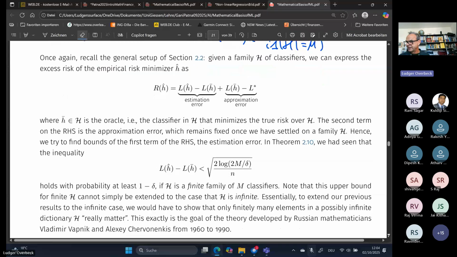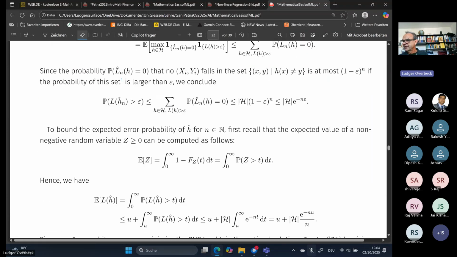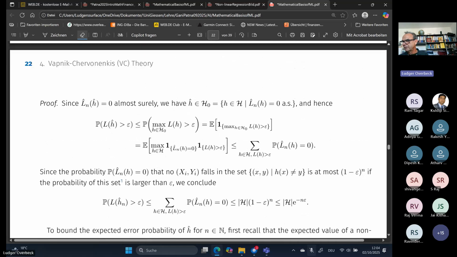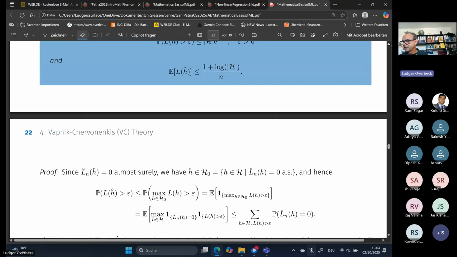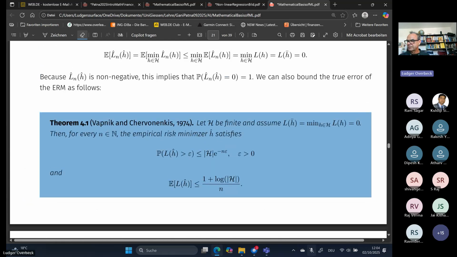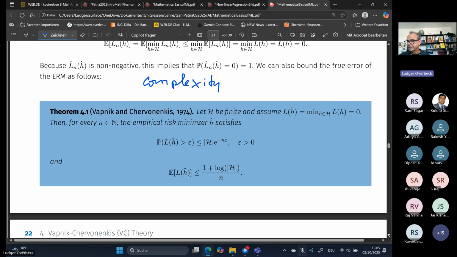If it's not finite, then Vapnik and coauthors developed their own theory for this complexity. It's sometimes called complexity theory. And it goes back to Vapnik in the 70s.